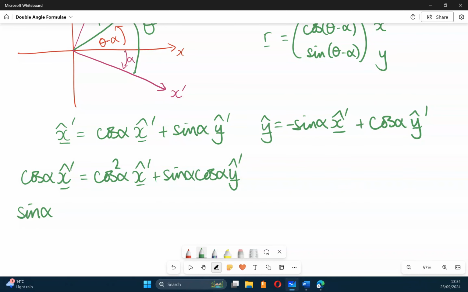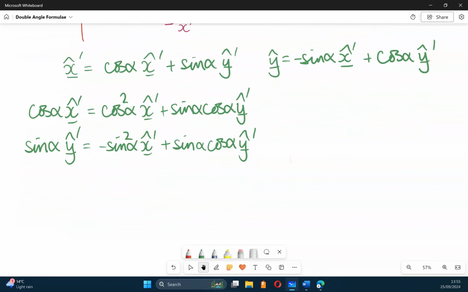So we've got sine of alpha y hat is equal to minus sine squared alpha x prime hat plus sine of alpha cosine alpha y prime hat.